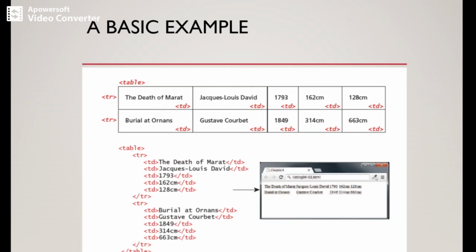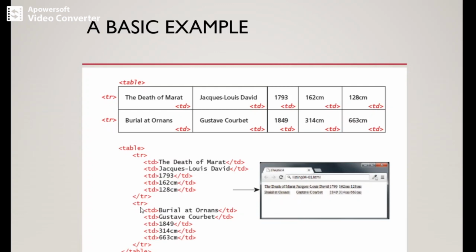Begin with the table tag, then create a row with the tr tag. Now put the table data. In this first row all this table data needs to be put. Here each table data is put. Then close that particular row. So that row is constructed. Now the second row you have to create.